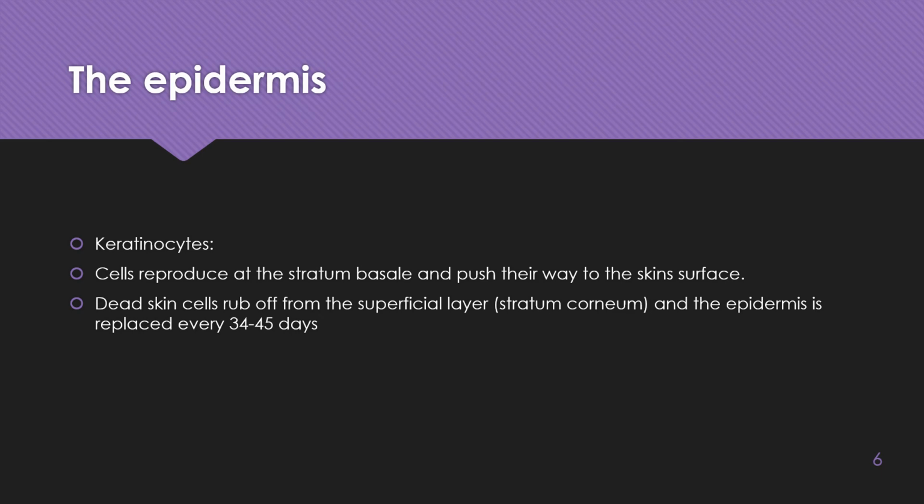So those layers at the bottom are where cells are going to reproduce, and then they'll continue to push upward or towards the outside world as they age. And then our dead skin cells are going to rub off from the superficial layer, which we said was the stratum corneum. And the epidermis is basically replaced every 34 to 45 days.